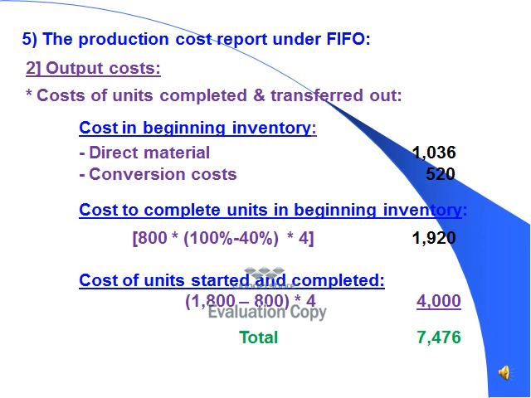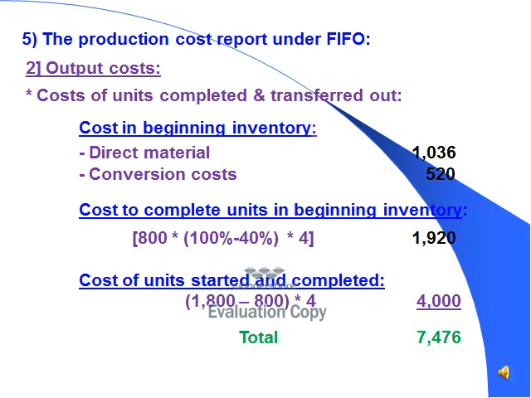The second part, cost to complete units in beginning inventory. Units in beginning inventory 800. To complete them, that means 100% minus the completion degree. So 100% minus 40% times the cost per unit 4 equal 1,920.